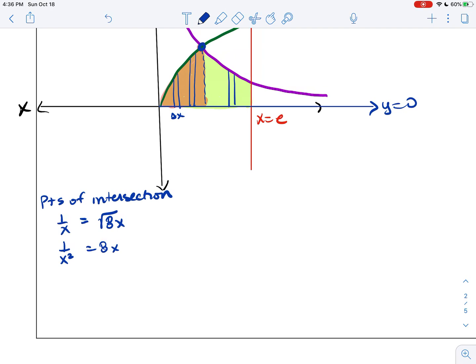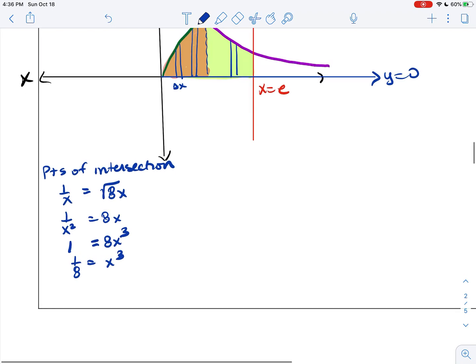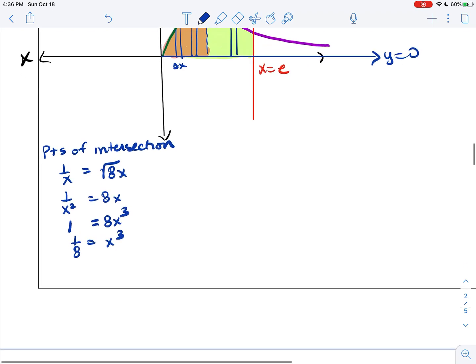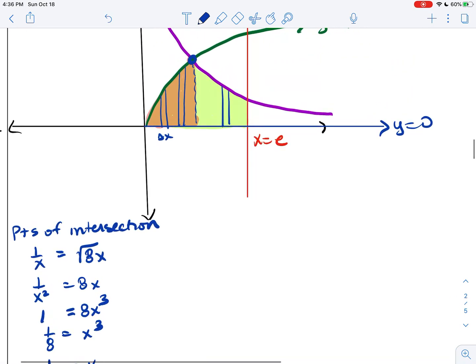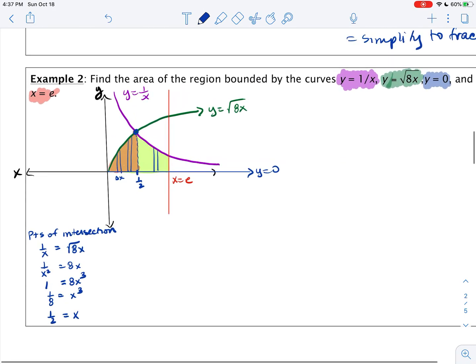If I multiply on both sides by x squared, I get 8x cubed. And if I divide by 8 on both sides, I get x cubed. And if I take the cube root of both sides, I get 1/2. Good. So I know that this point here is going to equal 1/2.